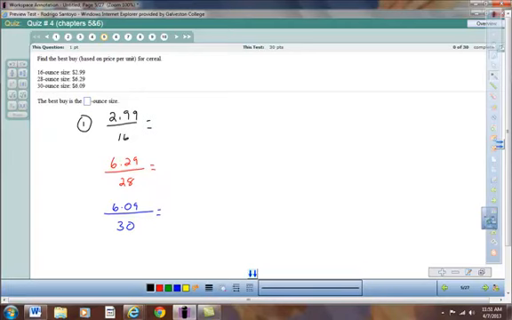$2.99 divided by 16 gives us 0.18685. $6.29 divided by 28 gives us 0.22464, and it just keeps going, and we don't need to go that far.